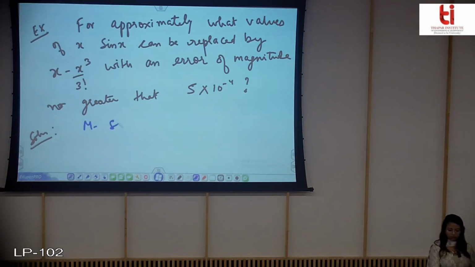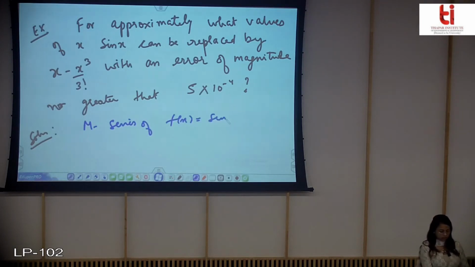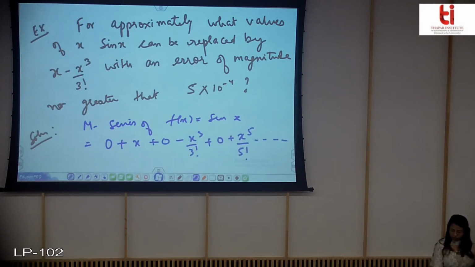The Maclaurin series of f of x equals sin x is equal to, I'll write down the full series so that you are not confused that this one is the 0 order polynomial, this the first order, this is second, and so on. So the orders are 0, 1, 2, 3, 4, 5 and so on.